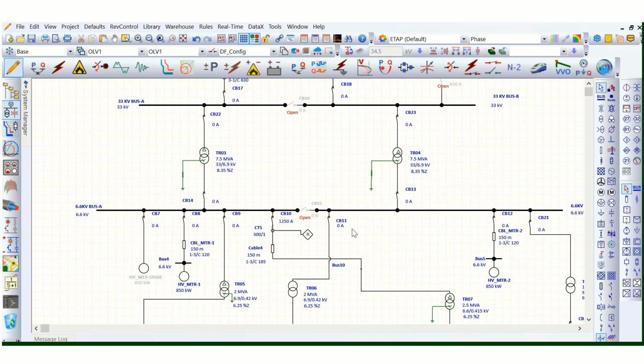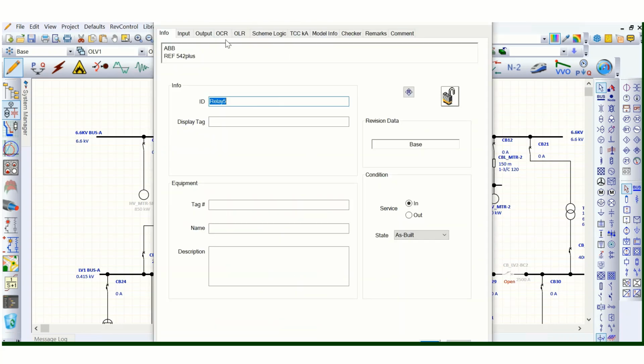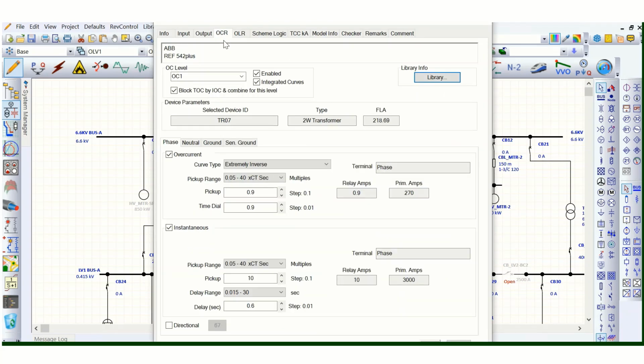How we can use, here it is. Suppose this relay is being used for the 400 kV system, this instantaneous element, this is the instantaneous element 50 element for overcurrent relay. So it will trip that relay instantaneously. Actually, suppose this is 0.02.